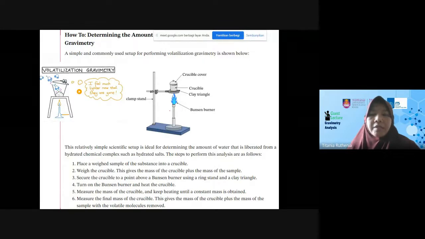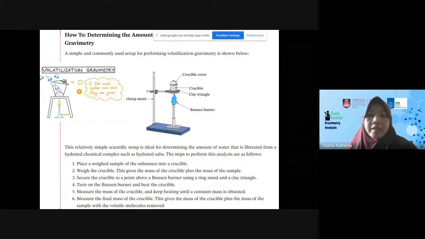Actually, there are some other techniques to perform the volatilization method. So the simple one is only by igniting using the Bunsen burner, and we place the sample here in the crucible, so that the water or the volatile matter will release from the cap here.